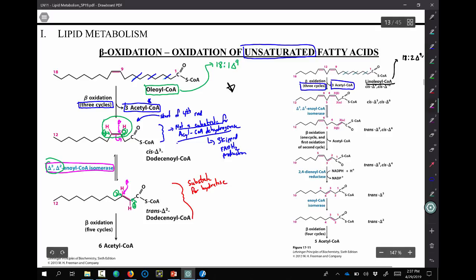We used the pink color for the isomerase in the last one, and this isomerase here is the same. Same thing that would happen in our prior discussion. We've got a cis double bond between the 3rd and 4th carbon, so we have to have an isomerase to put it between the 2nd and 3rd carbon, and then you go on to hydration, dehydrogenation, cleavage.